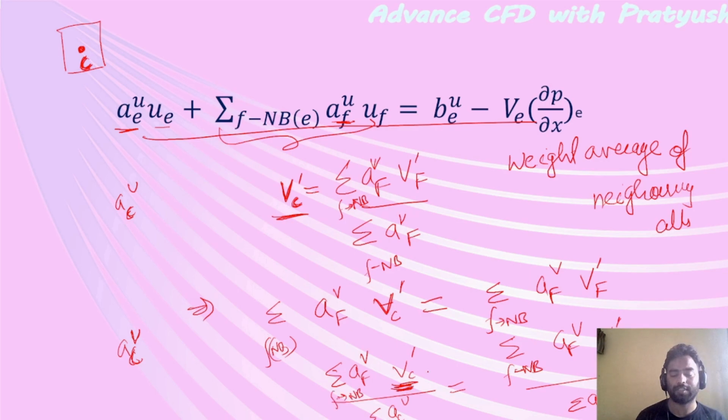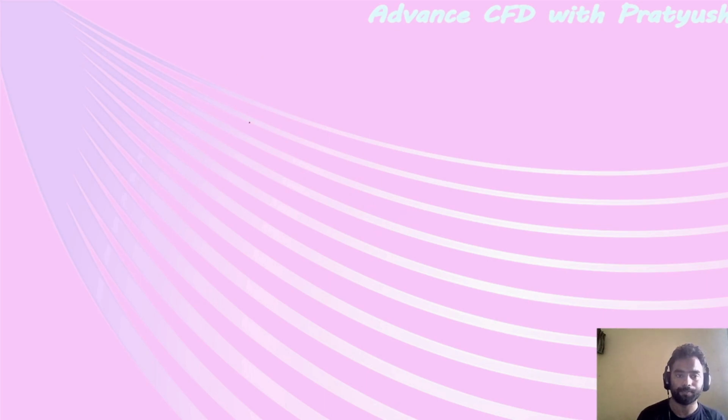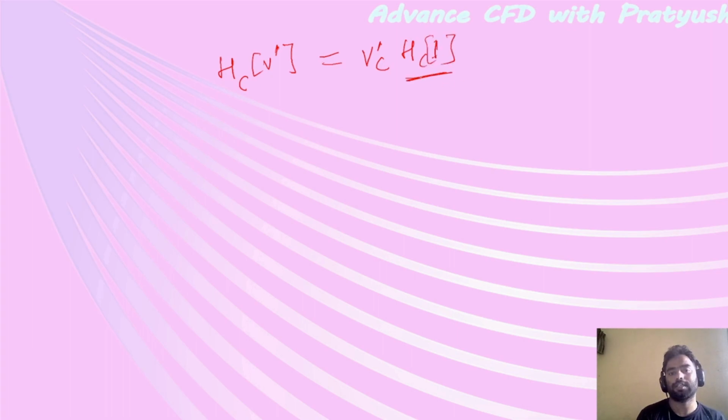Here we can take V'C out and write both terms in terms of the H operator. So the equation will become HC V'C equal to V'C into HC1. I am introducing this HC1 for the first time. If I compare the above equation with these equations where I have written here, it will be like that.